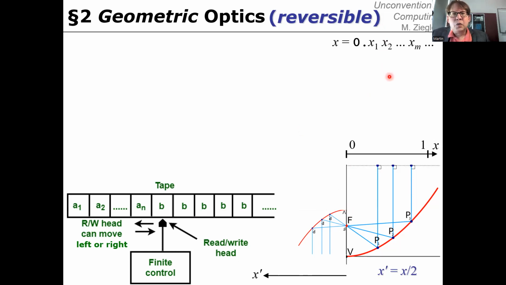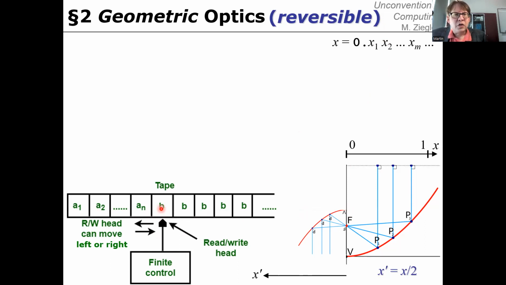And actually, we want to encode also the position of the finite control. So what we're now going to do is we're only going to encode the part right of the finite control, and we're separately going to encode the tape contents left of the finite control into two separate real numbers.